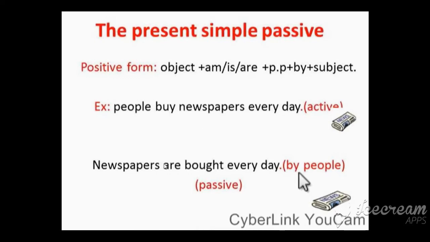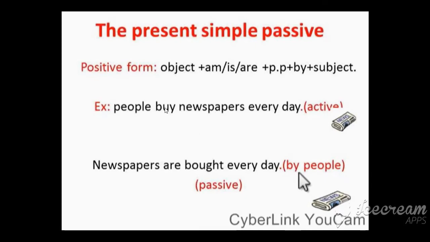Here newspapers is plural because of the S. Okay? So we use am, is, or are. With the plurals we use are. So newspapers are. The third step is the past participle.